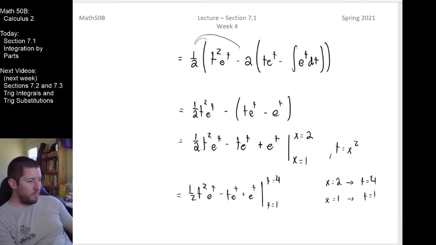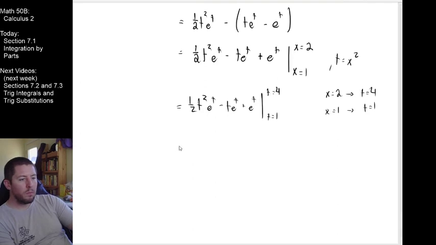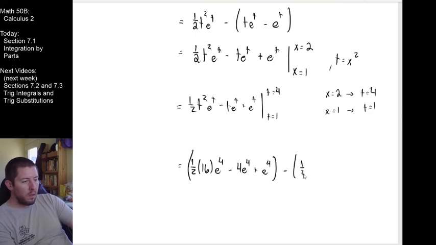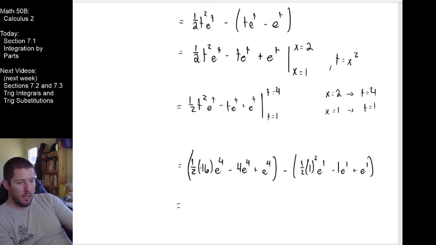And here we are. It looks like this is 8 e to the fourth minus 4 e to the fourth is 4 of them, plus 1 of them is 5 e to the fourth, minus I have a half of an e.